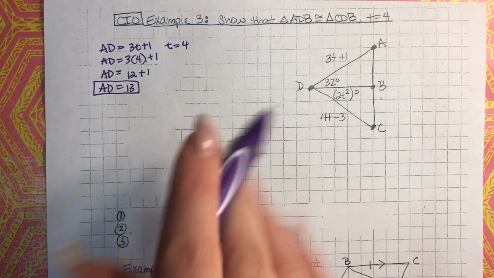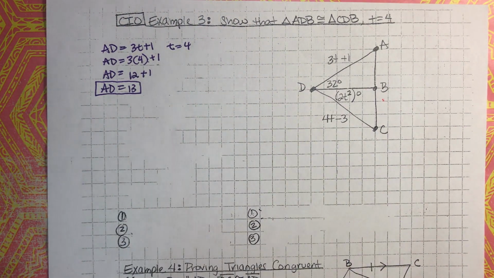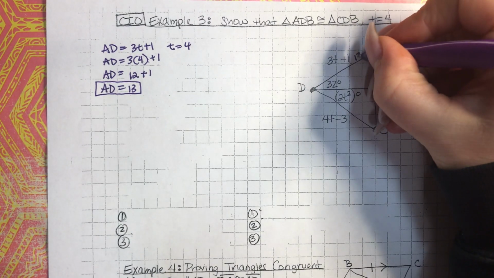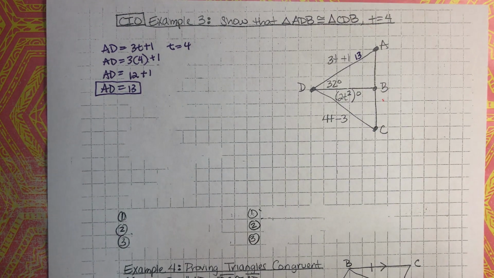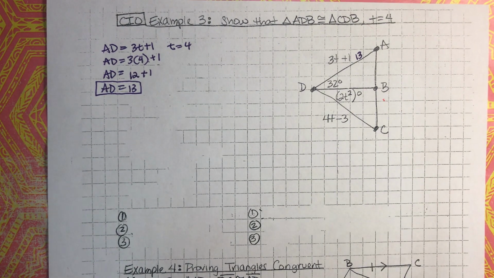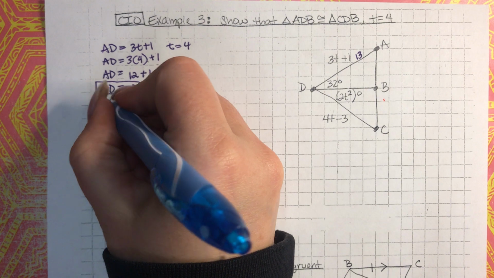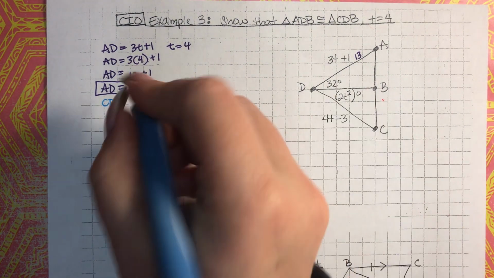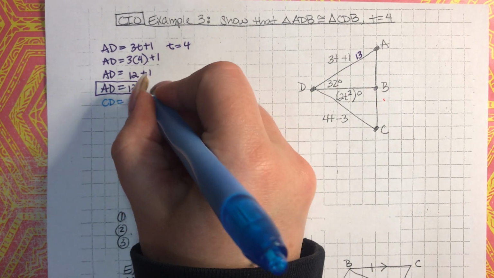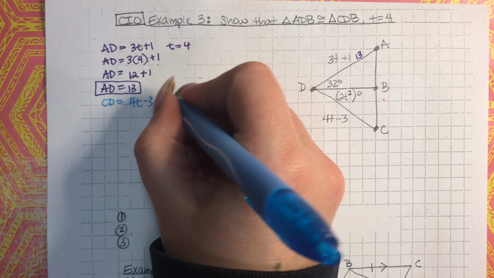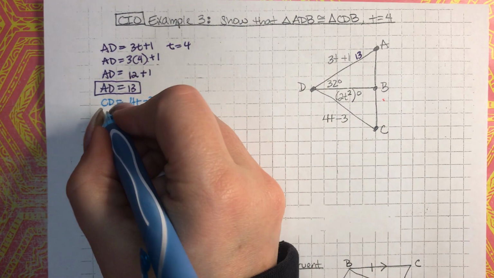CD. Let's go ahead and figure out. Okay, so now we know AD is 13. So this is 13. Let's go ahead and figure out CD. I'm going to change the color. CD equals 4t minus 3 when t is equal to 4. Substitute in.